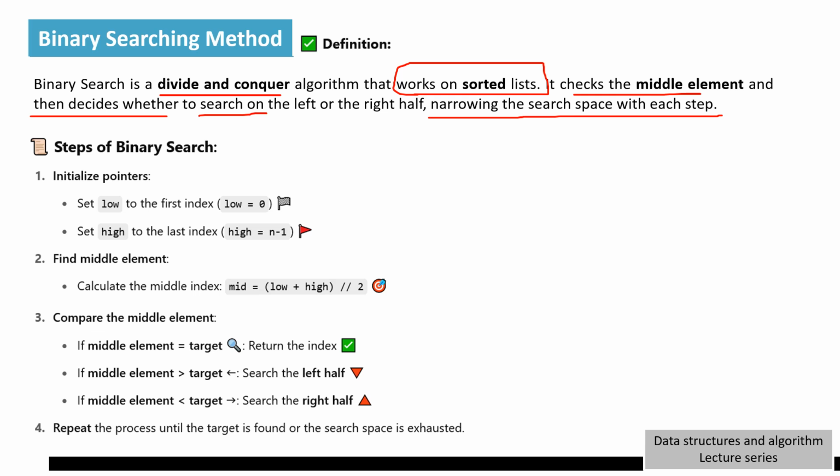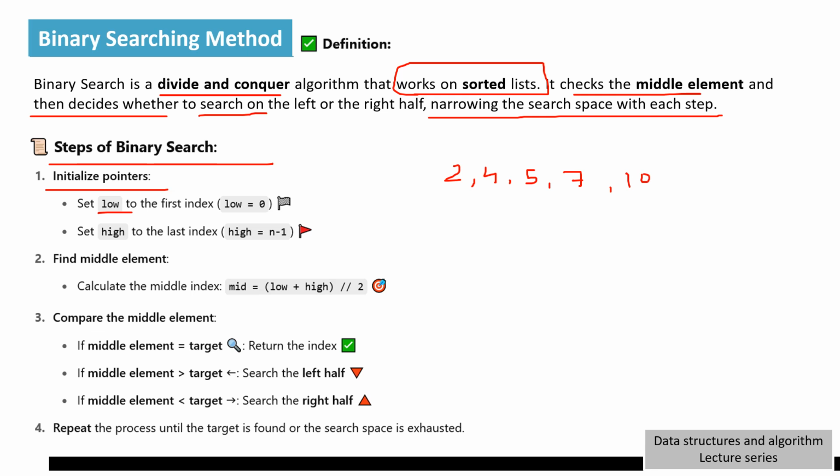So, for example, let us see the steps of binary search. You need to initialize parameters like low and high. Let's take an example to understand it better: 2, 4, 5, 7 and 10.